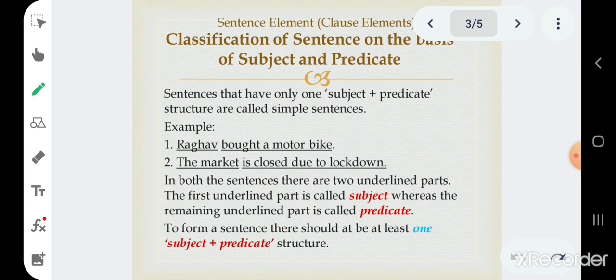In this sentence, the market is the subject and the whole remaining portion is predicate. How many subjects are here? The market. It's only one subject, whether it be singular or plural, it will be only one subject.